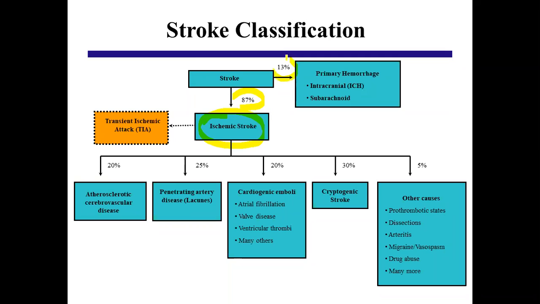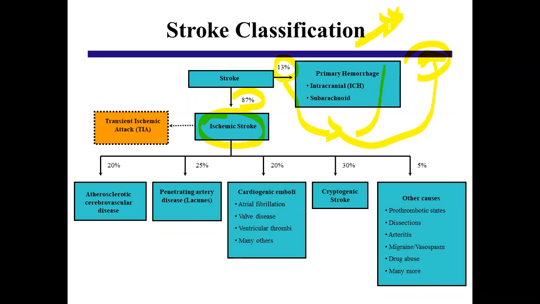Then around 13% of strokes are hemorrhagic stroke. The prevalence of hemorrhagic stroke is not very common, but it is very severe. As the example City said, it is a very dangerous type of stroke.